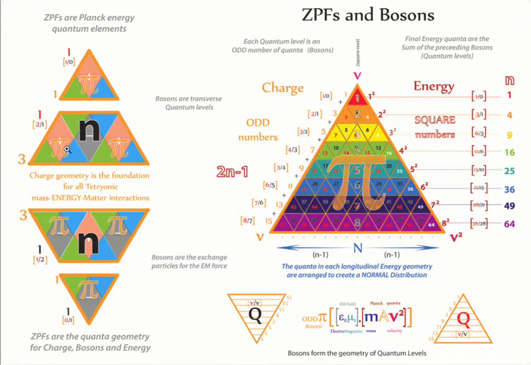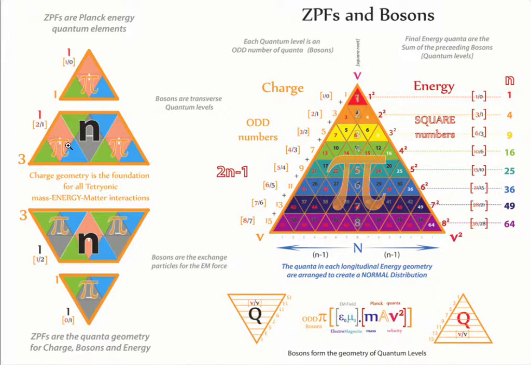That is to say, we have in both cases n Planck quanta, hence the formulation E equals nhv, which now relates specifically to bosons. Where it refers to energy, it would be E equals h nu squared. But in the case of bosons, we have n quanta, and they always add up. They're always odd numbers.